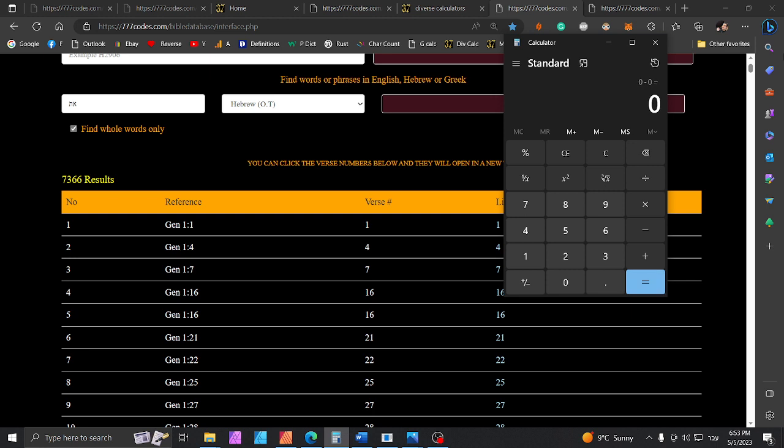Let's try one less. Still the same, okay? So it could work with 1 over or 1 less. But let's try with +2 or -2. No, it's divided. Didn't work.